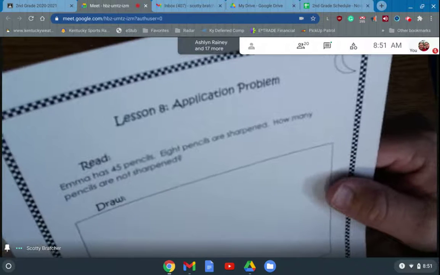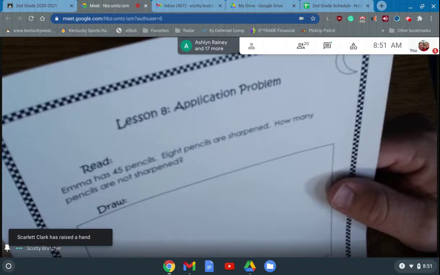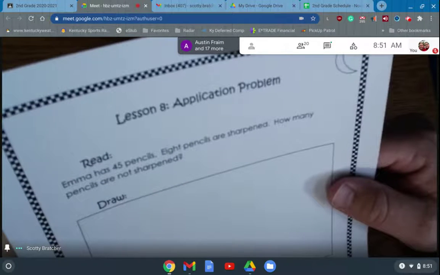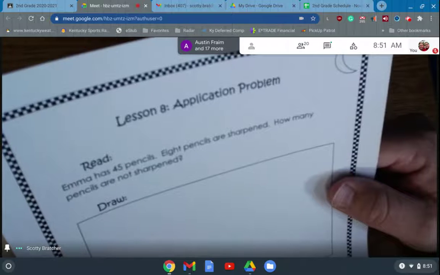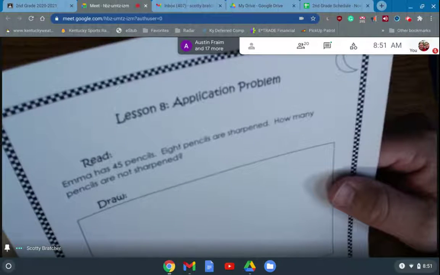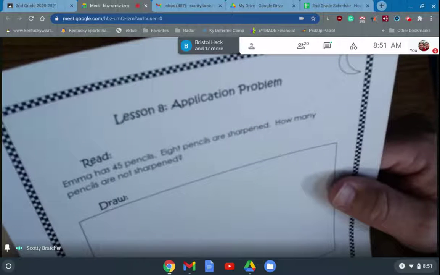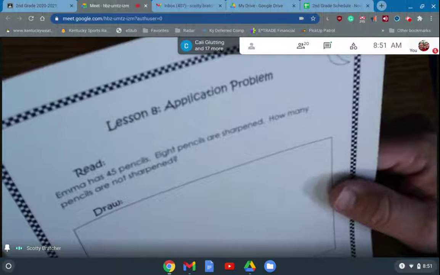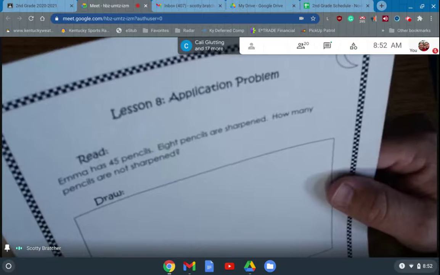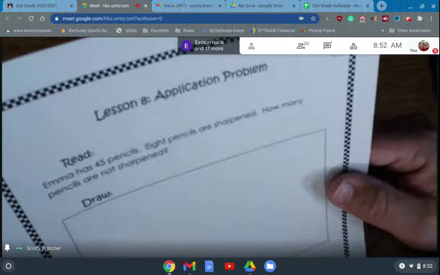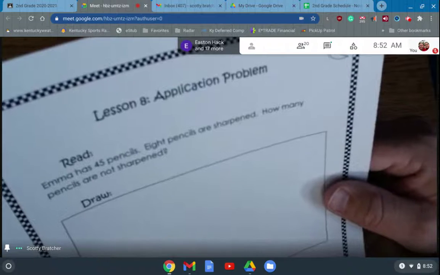Do I know how many she started with? Do I know the total of pencils she has? All right, I don't see a lot of people shaking their head or anything. It seems to me like we need to read it another time or two.